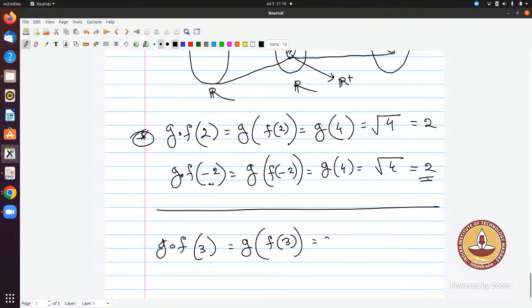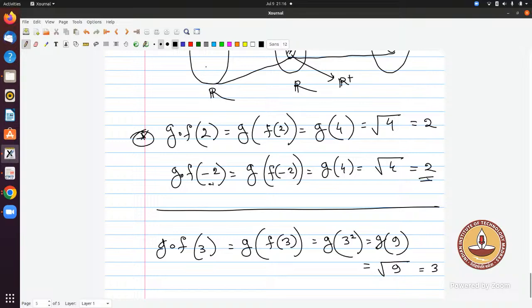What is f of 3? It means 3 square, that is 9. So g of 9. And what is g of 9? It is root 9. Now what is root 9? It is 3. Correct? Because I have already said that root x is always the positive root I am talking about.